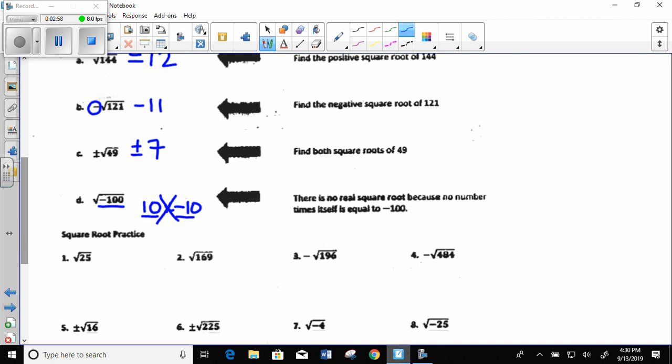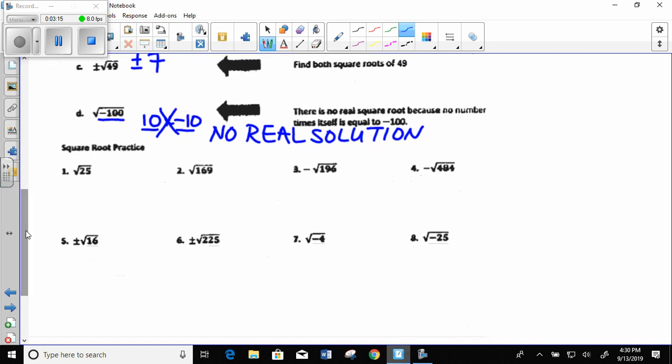So you would just say that this has no real solution. Okay, so just remember, if the negative is on the inside, there's no real solution, but it can be on the outside. So go ahead and practice those 8 questions.